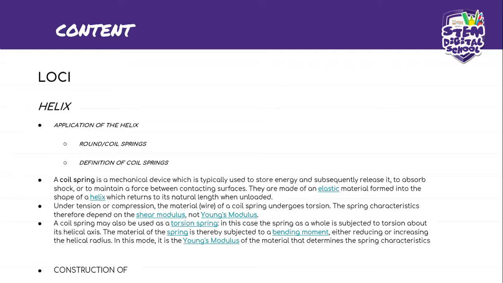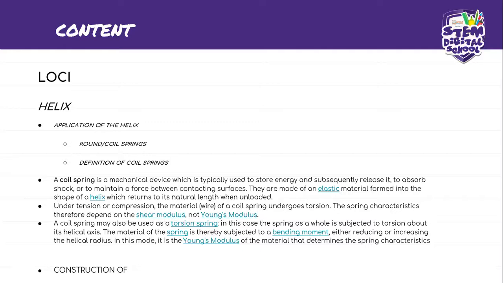Now, once we have got the background like this, we know if you are looking at a spring, it either can be stretched or it can be compressed or it can be twisted. But the most important thing is that the quality of that spring should be able to withstand the forces which are acting on it, whether it is tensile, compressive, or torsional forces.